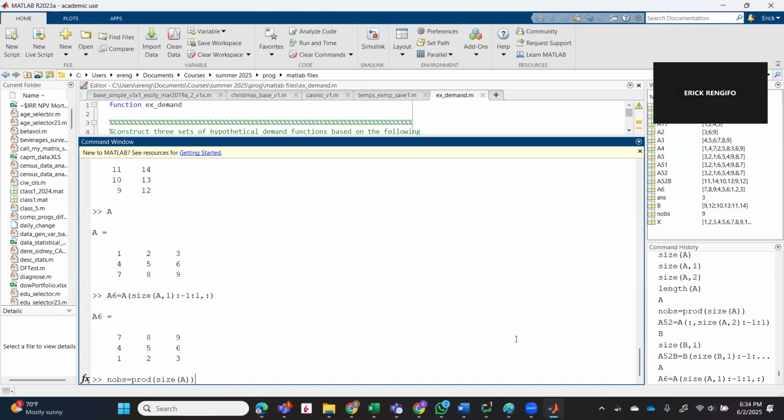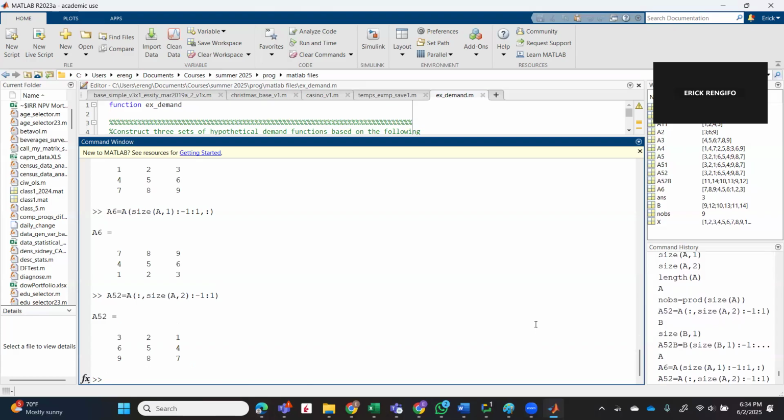So let me type again A2, A52. You see these guys, what we have done is we have flipped the numbers here. 369, what is this one? All rows, 7, 8, 9. So what we have done here, wait a second.